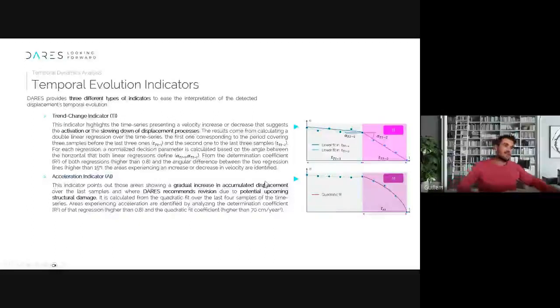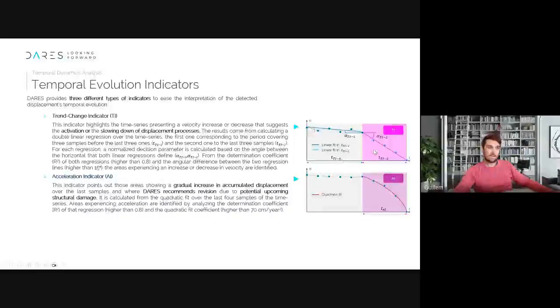For example, here in DARES, one thing that we do is analyze areas that are experiencing an increase of velocity of displacement. Here we have another time series. This is time, this is displacement, and this is the information for a given point: how the displacement of this point is evolving over time.